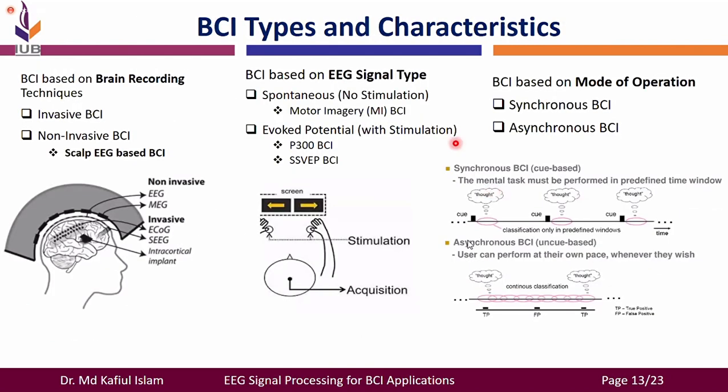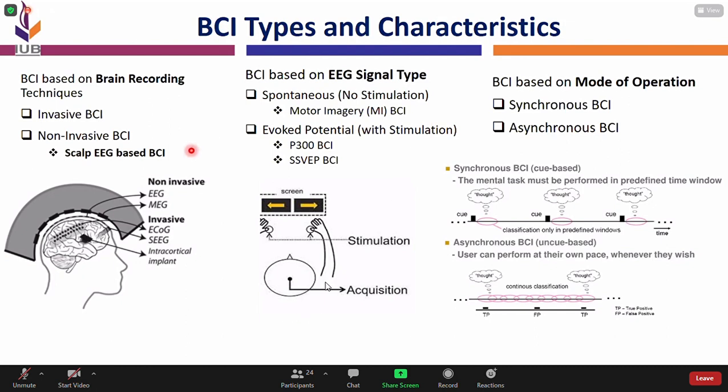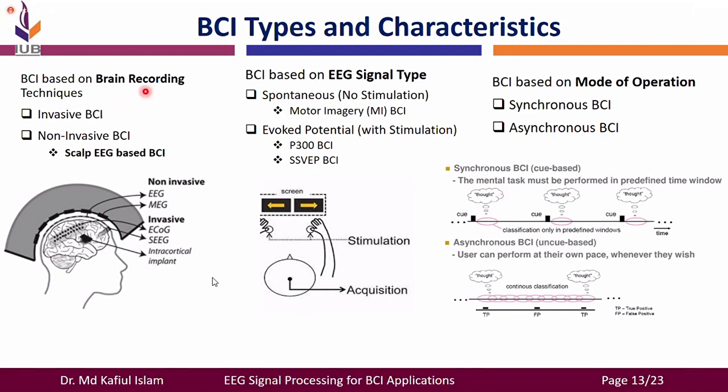So if you think about the different BCI types and characteristics from different perspectives, we have different brain recording techniques such as invasive or non-invasive BCI, right? And the focus of this particular talk is obviously scalp EEG, which is non-invasive BCI. You can have BCI based on different EEG signal types, depending on whether you give any stimulation or not. If you have visual or auditory stimulation, then you get evoked potentials such as P300, SSVEP, or SSAEP BCI.